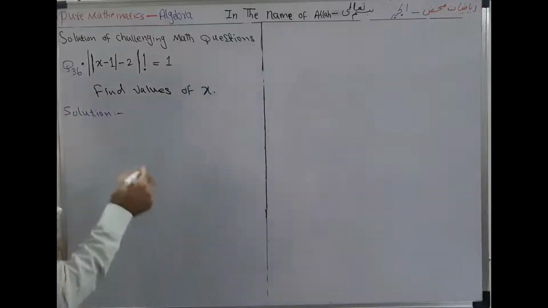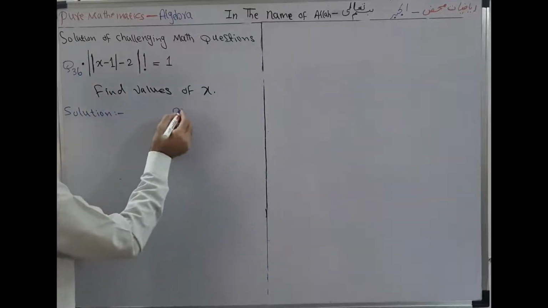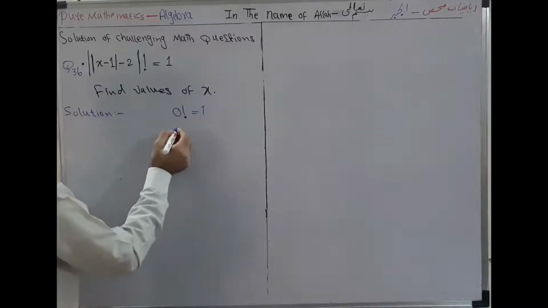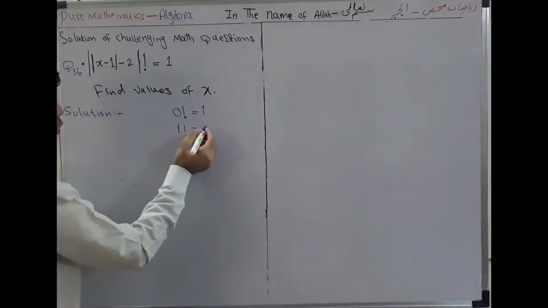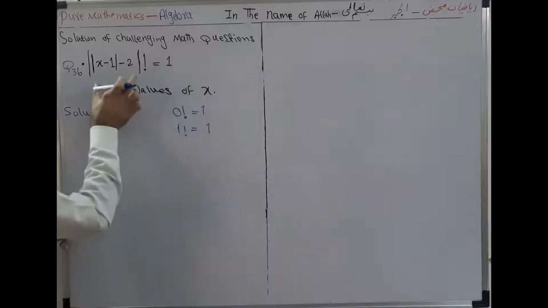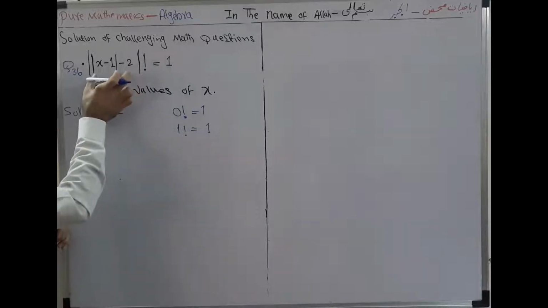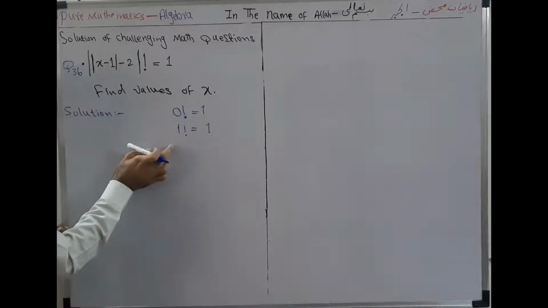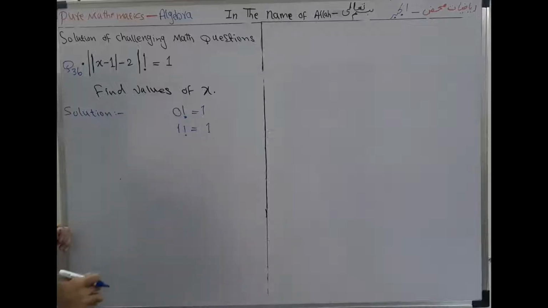We know that there are two rules. 0 factorial is equal to 1. 1 factorial is equal to 1. So here it should be 0 or 1. There exist two possibilities.